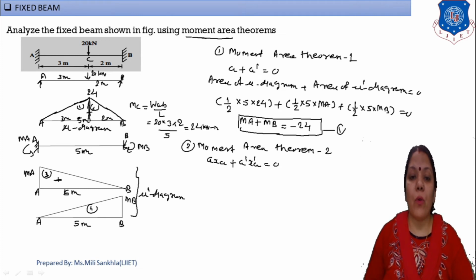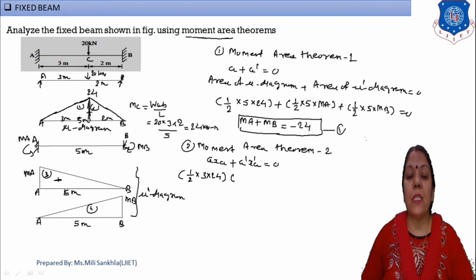Now one by one. First area, 1/2 into 3 into 24, and CG is taken from this point, that is 2/3 into 3. I am writing here area into CG: 1/2 into 3 into 24, and CG is taken from A point, that is 2/3 into 3, plus, now the second triangle 1/2 into 2 into 24, and we have to take CG from A point.